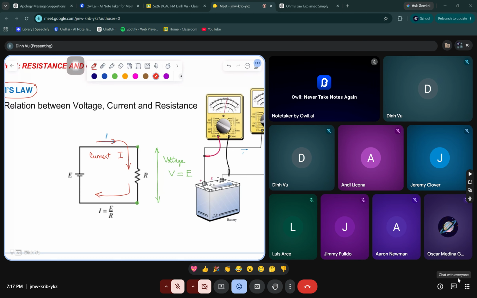There will be the current I from the source flowing across the resistor. So now on this resistor, there will be the voltage V, and there is a current I across this resistor.